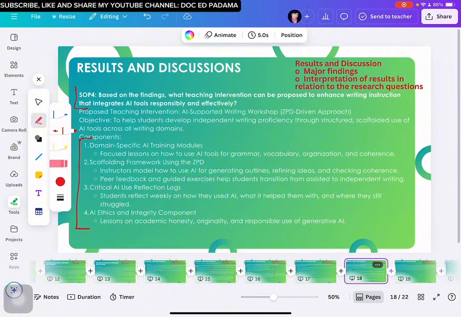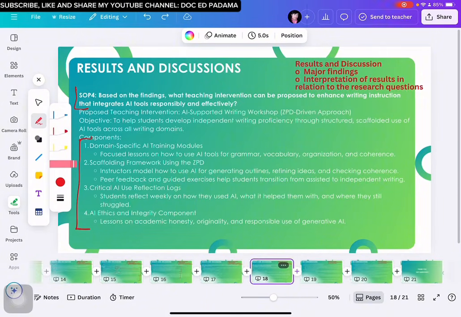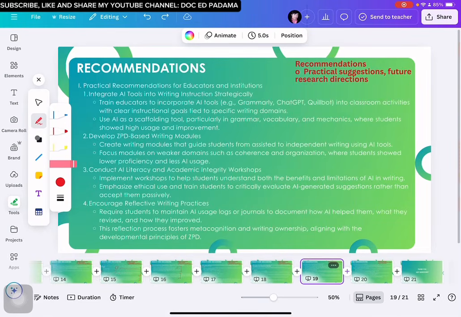So walang statistical analysis dyan. So there is no need to present narrative interpretations. These are the recommendations that can be proposed based on the findings under SOP number 4. So the next part of your slide presentation should be the recommendations.